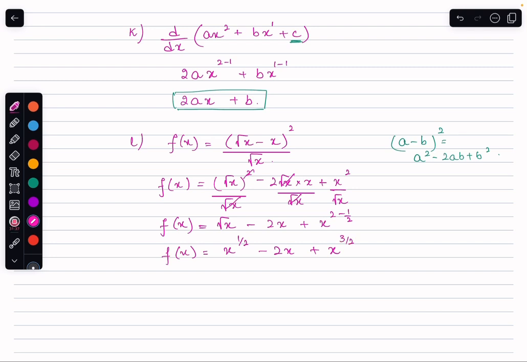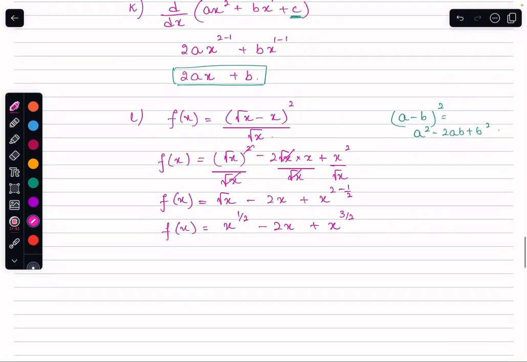So this is a simple f of x equation which we can now differentiate, and the derivative now is written as f prime x, which then shall be equal to 1 by 2 x to the power 1 by 2 minus 1, minus 2 times 1, and x will be just x to the power 1 minus 1, giving me x to the power 0, which is a 1.